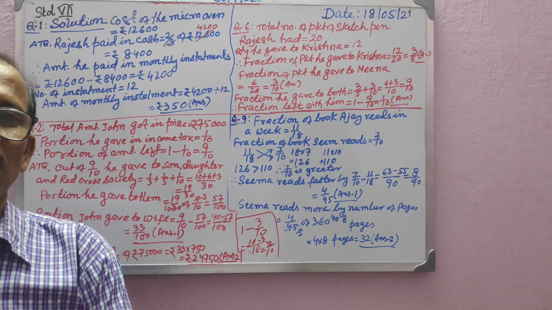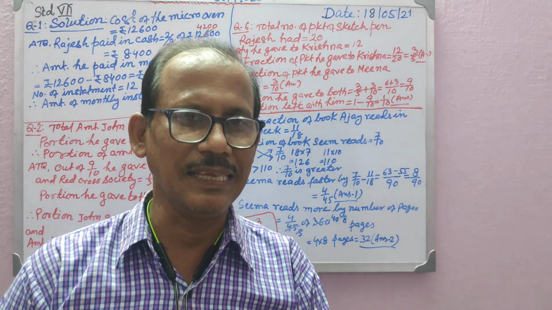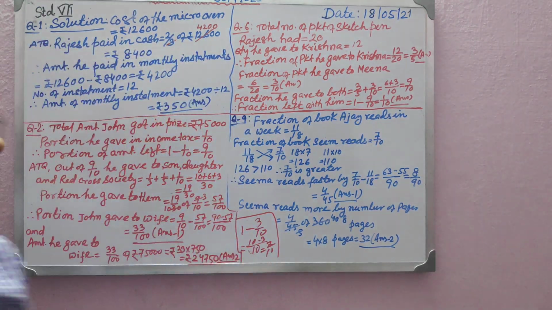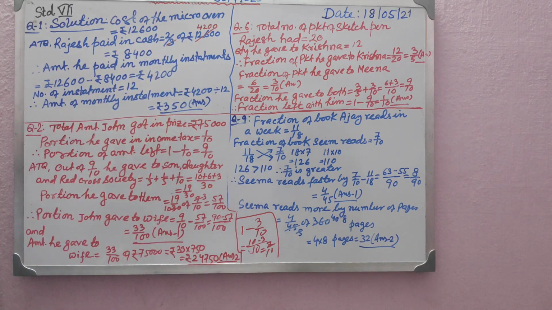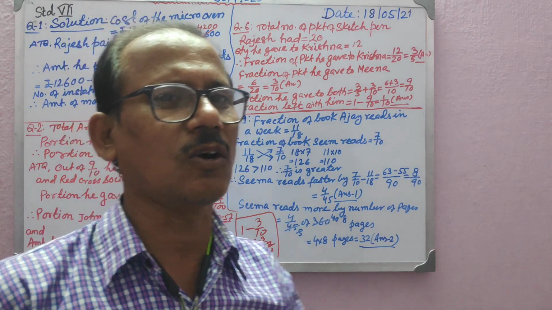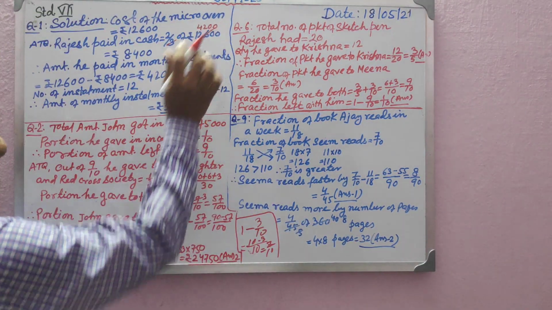The remaining portion is divided into 12 equal parts, and you have to find each part. So what you have to do? The cost of the microwave oven you write first. Then Rajesh paid in cash how much? It is given that 2/3 of the total money, which is 12,600.